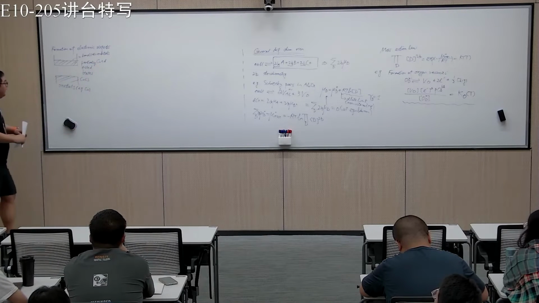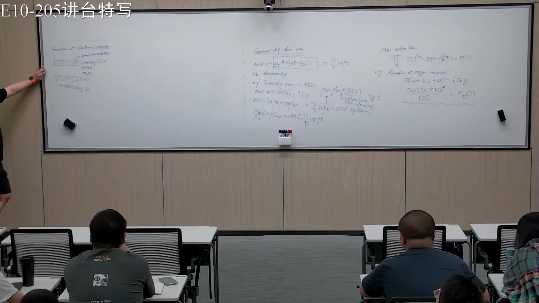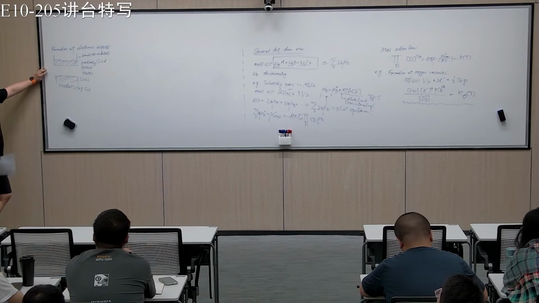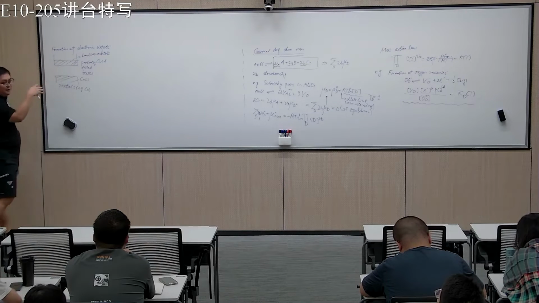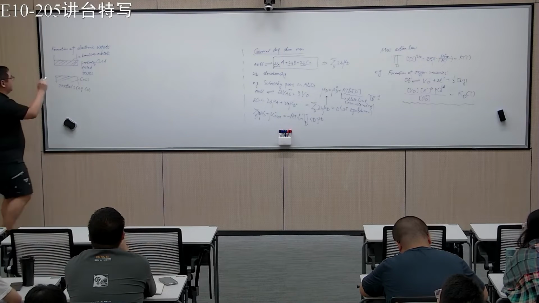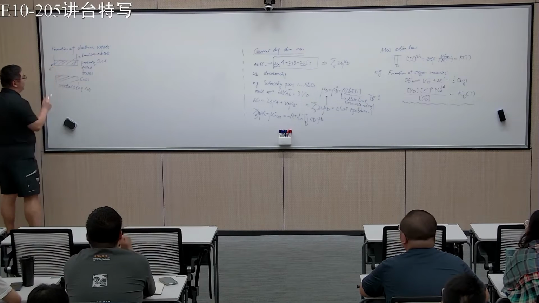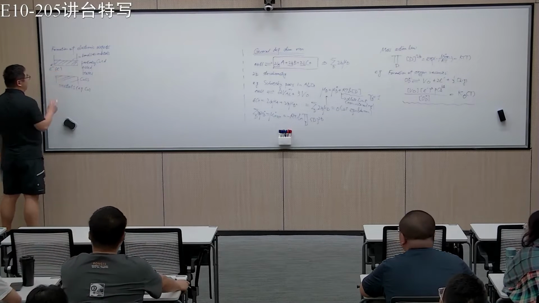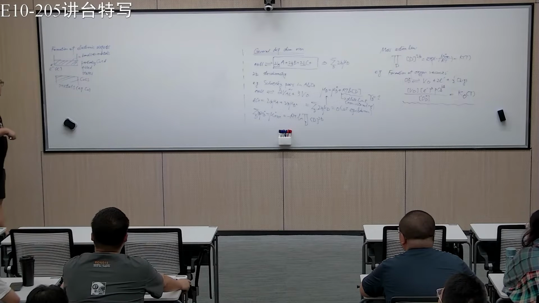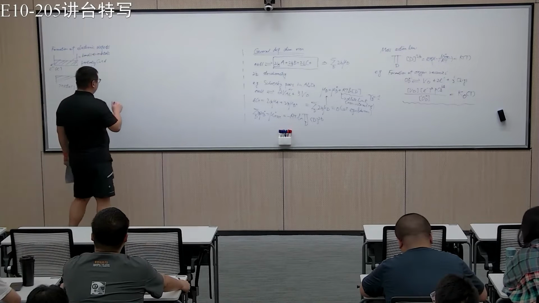Anyway, copper 3d is partially filled. Because it's partially filled, the electrons can conduct. These things are electrons, or in our case, we like to write it as this one. Anyway, these are metals.